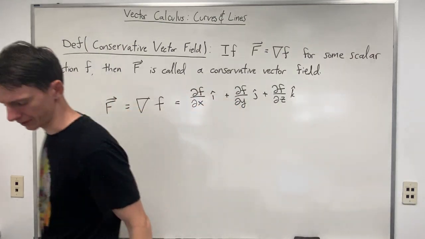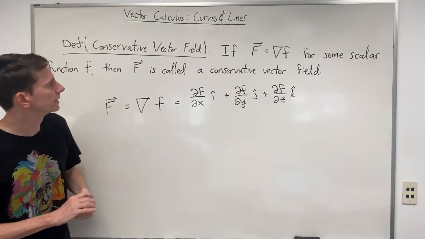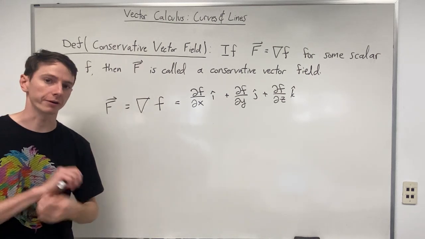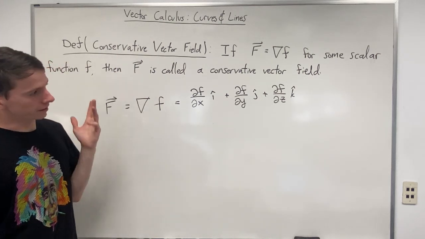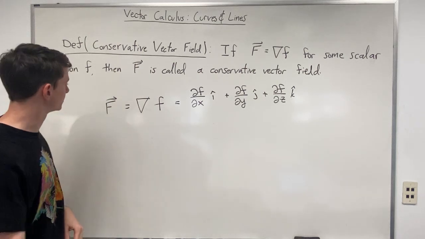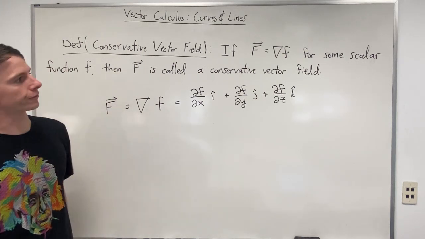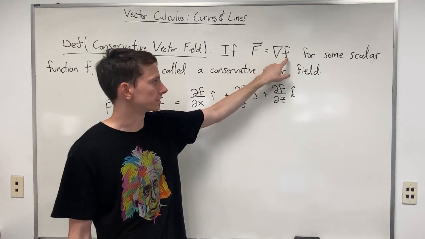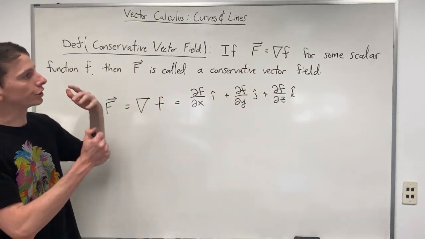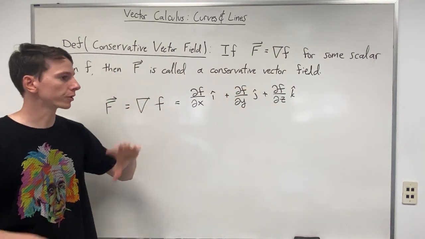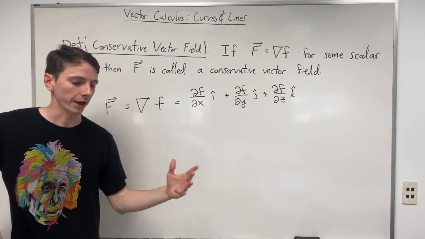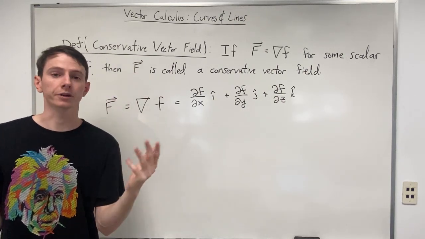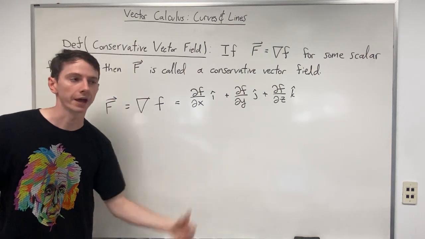Another thing to be aware of is that the reason it's called a conservative vector field is inspired by physics. These types of vector fields, ones which can be expressed as gradients of scalar fields, get used in physics to model specific types of forces, specifically forces which conserve energy.